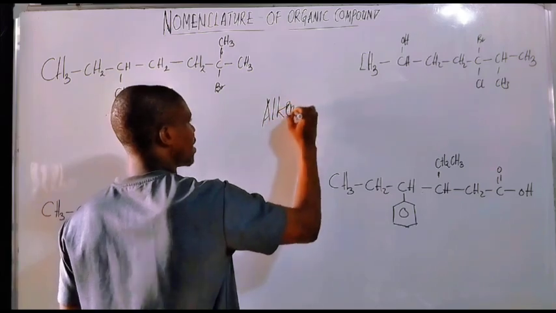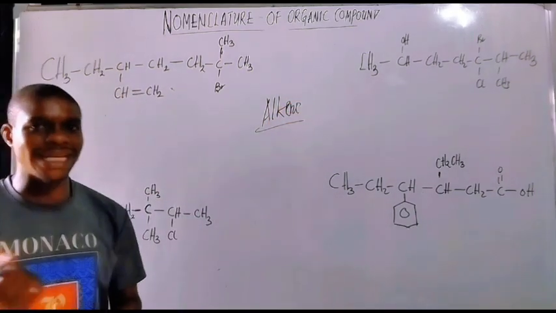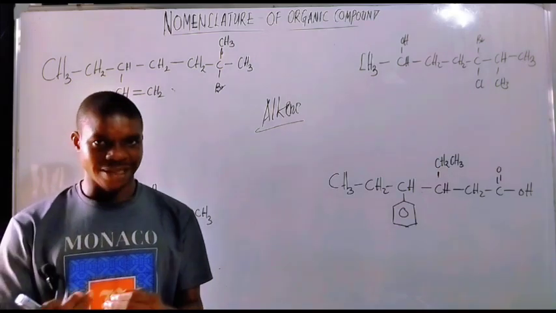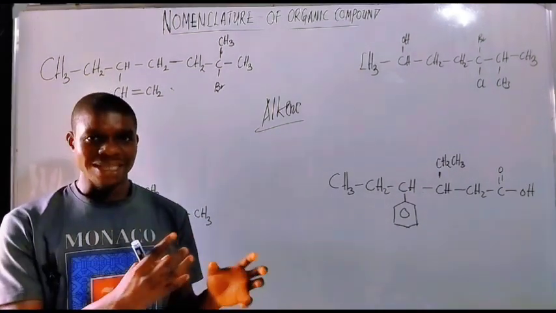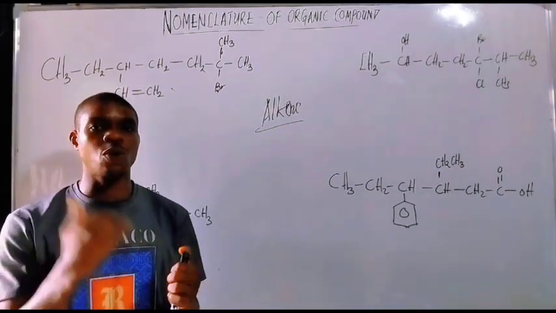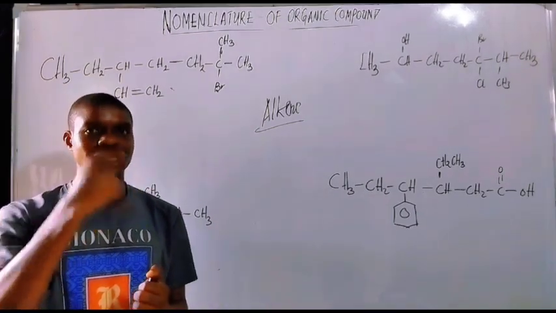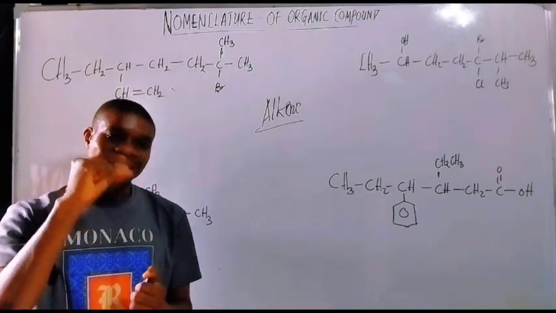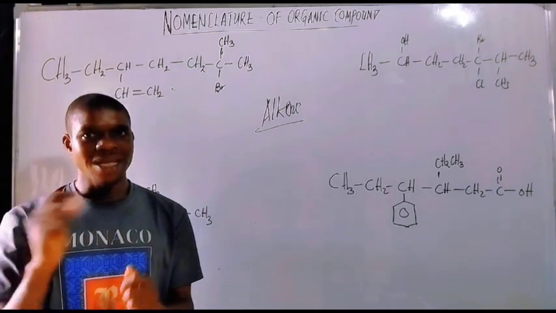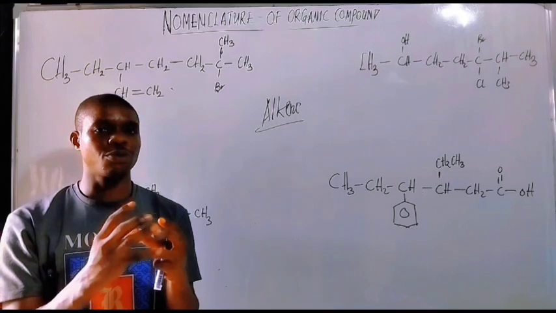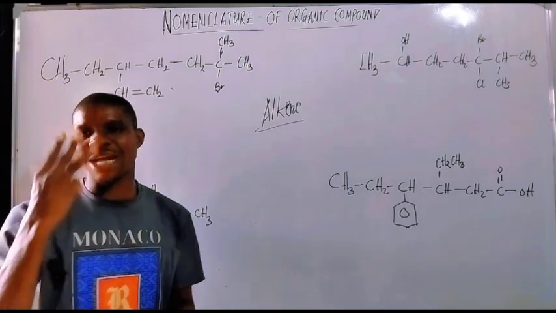Now, what you want to understand here is that whenever you are naming an alkene, the double bond must be considered. You must take the longest continuous carbon chain that contains the double bond. So the chain that contains the double bond is the parent chain, and it must be numbered in a way that the carbon atoms that carry the double bond have the lowest possible number. So there are two things here.